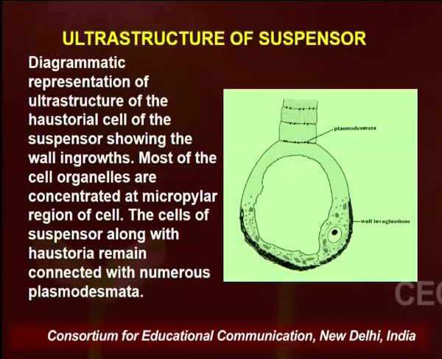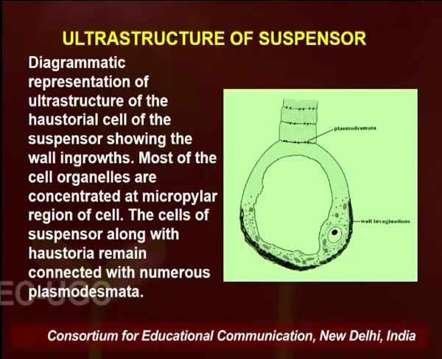And this increase is followed by their arrangement in rafts parallel to the wall invaginations, supporting the transfer cell like activity of haustorial cells. Here you see an ultrastructure of suspensor, a diagrammatic representation of the ultrastructure of the haustorial cell of suspensor.